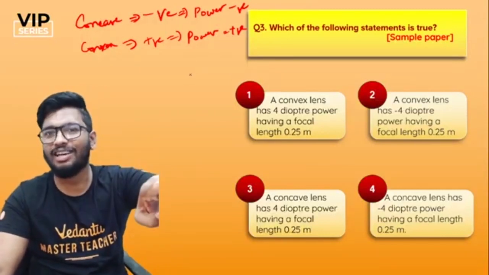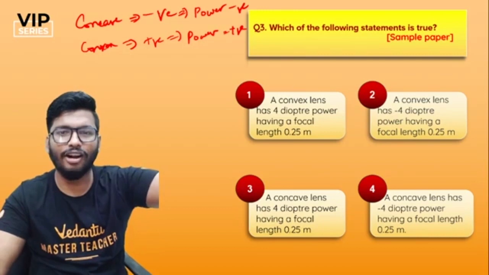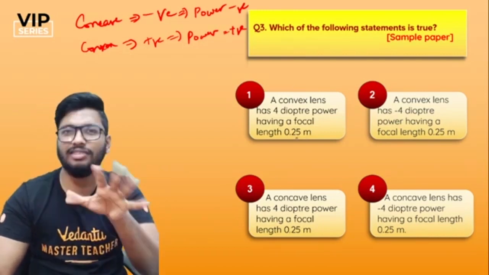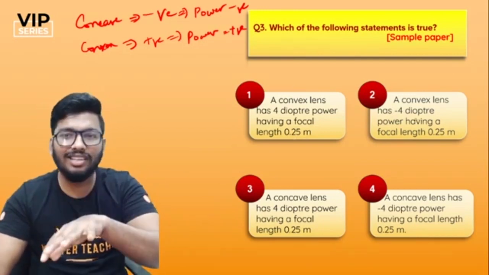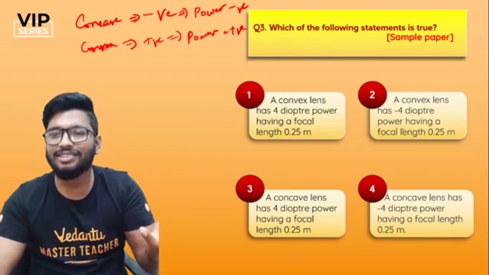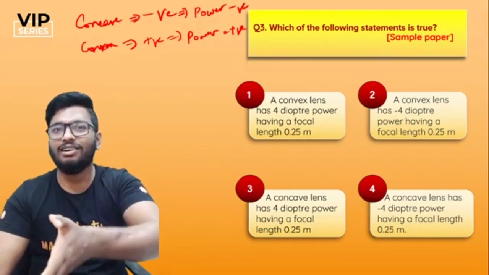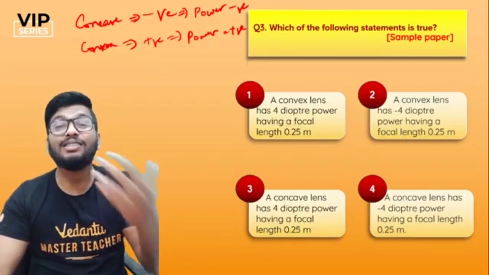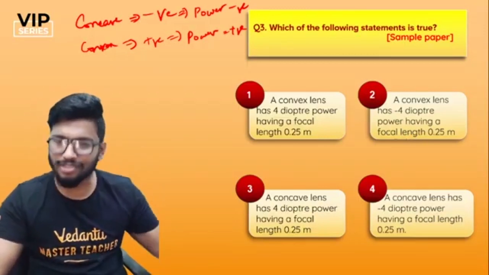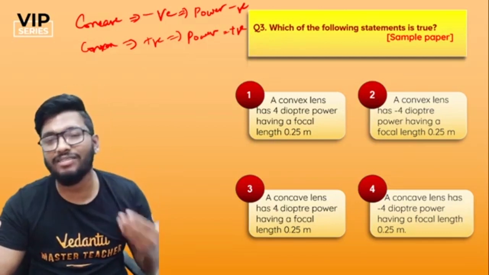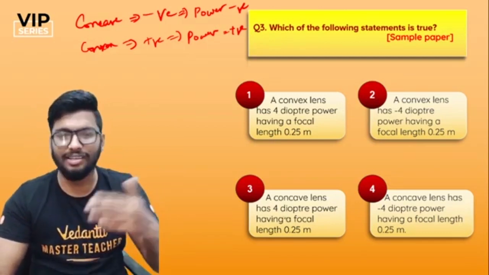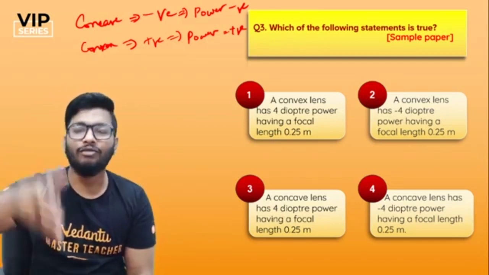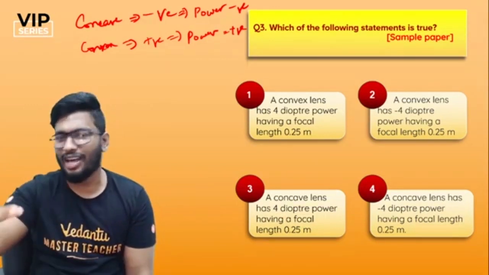But then look at the signs now. A convex lens, 4 diopter, 0.25 meter. This is actually true. A convex lens cannot have minus 4 diopter because of obviously the fact that the focal length of a convex lens is positive. So the power will also be positive. A concave lens should have a negative value because of the fact that the focal length lies on the same side of the lens, so that also cannot be true.